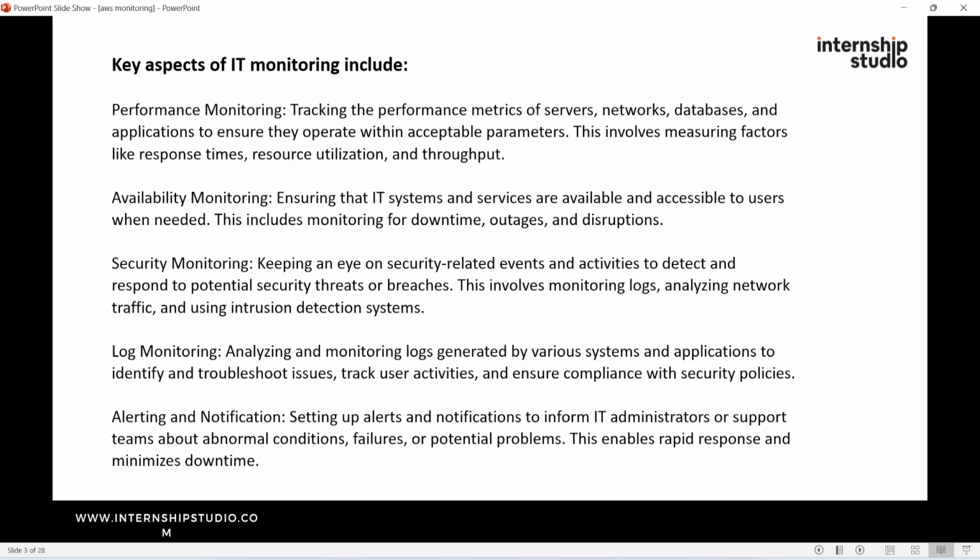There are some key components there as well. For example, monitoring server and service uptime, tracking response to user requests, ensuring data accessibility, and verifying the availability of critical applications.